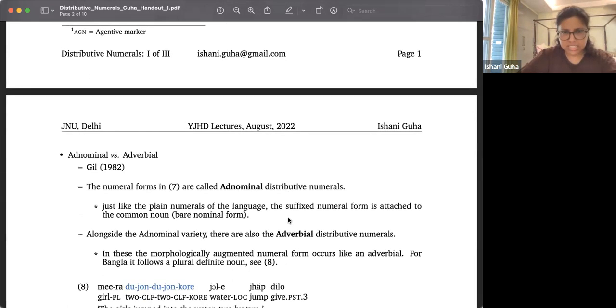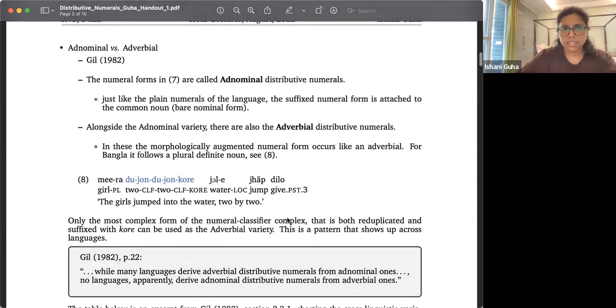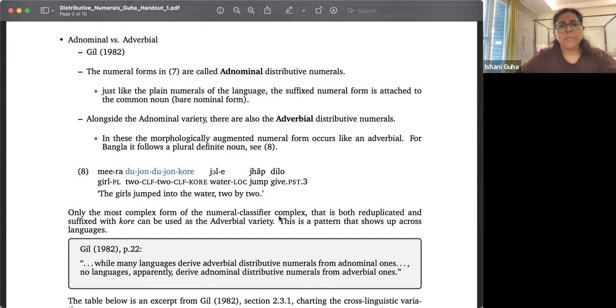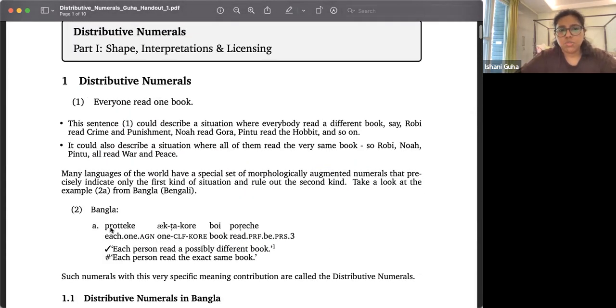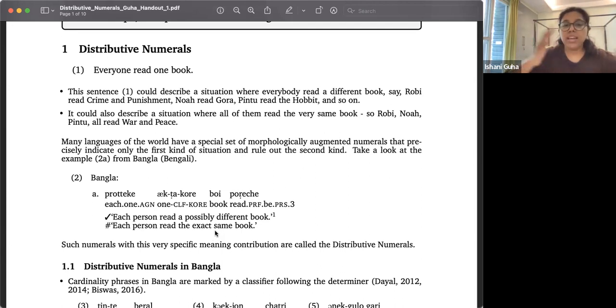Okay. So this distinction first was noticed by David Gil in his thesis. And so the adnominal numeral forms are just what you have seen. So let's say in 2A, okay? Where you have একটা করে, this distributive numeral form preceding the bare noun in Bangla, okay? So why I'm going through these details step by step is because there's no guarantee that this will be just like this in every language, right?